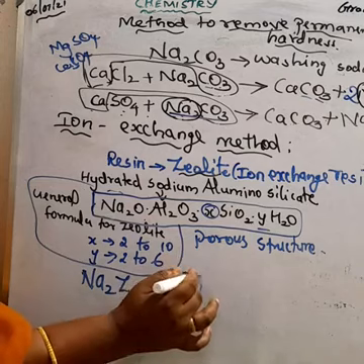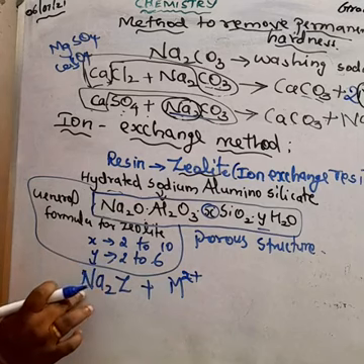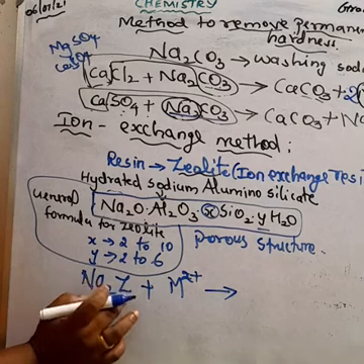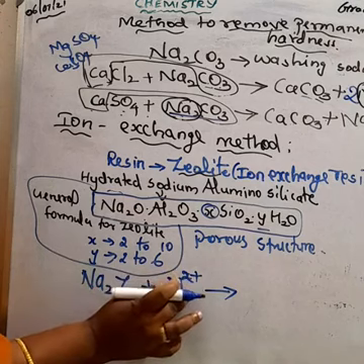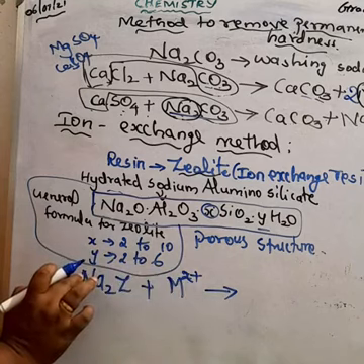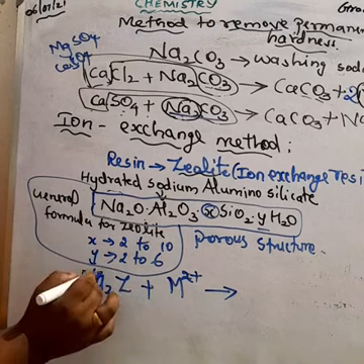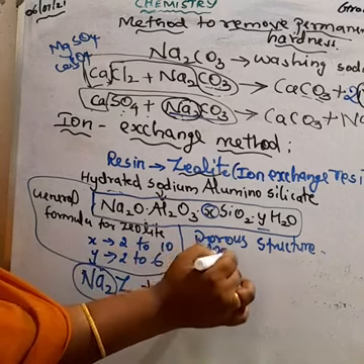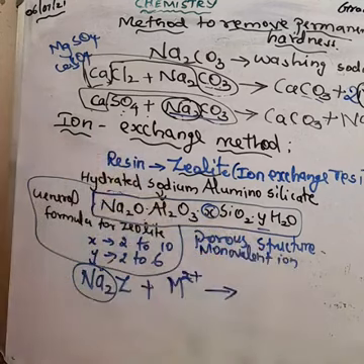So when we are passing the hard water through the zeolite bed, the metal ions present in hard water are exchanged with the sodium atom in zeolite. Sodium is a monovalent ion, a sodium metal ion.